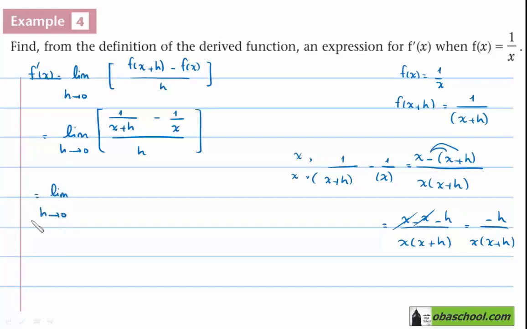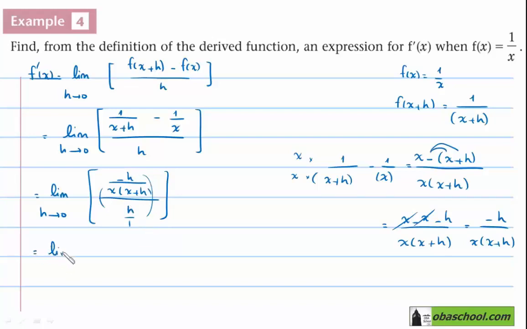Let's substitute. Then the limit as h tends to 0 of minus h over x multiplied by x plus h, all divided by h. We can say h is the same as h over 1. Then this is easy to resolve.